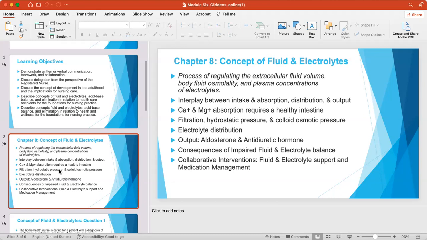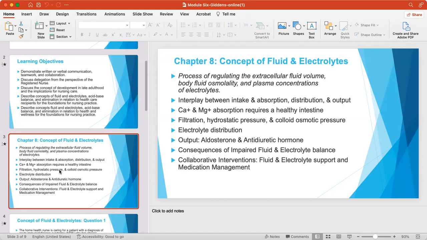The other thing to keep in mind is that it's important to maintain the physiological balance of body fluid and electrolytes as a dynamic interplay between three processes. These three processes are intake, absorption, distribution, and output.